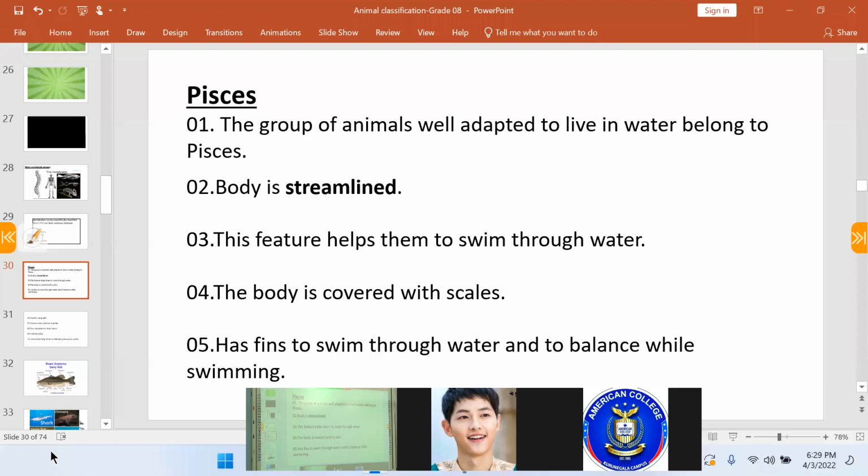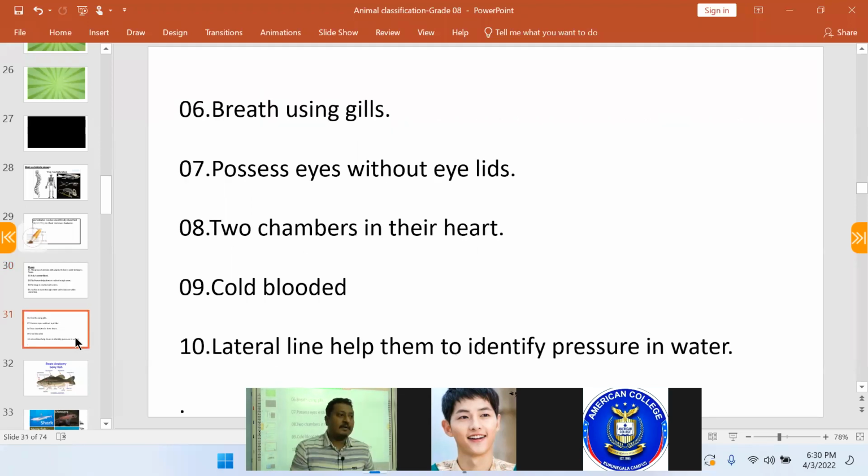So I have, okay. From number 6 to 10, can you write?